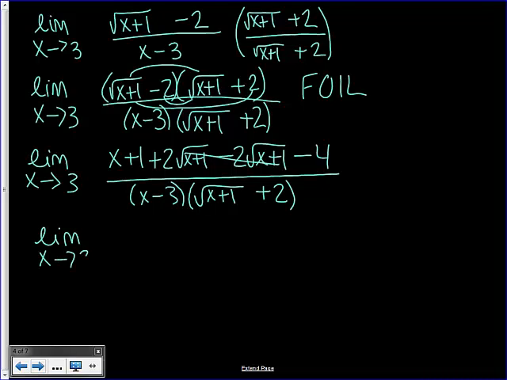And so I am left with the limit as x approaches 3 of, well, x plus 1 minus 4 is x minus 3, correct? X plus 1 minus 4 becomes x minus 3, all over x minus 3 times the square root of x plus 1 plus 2.